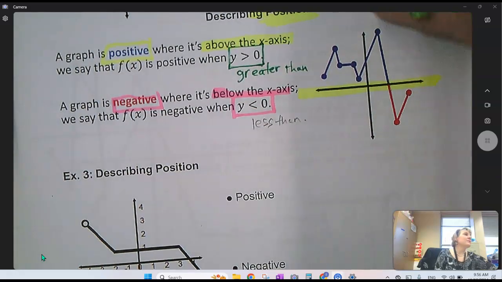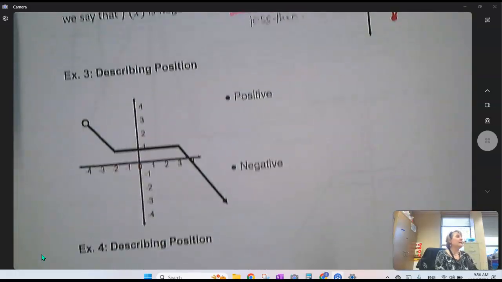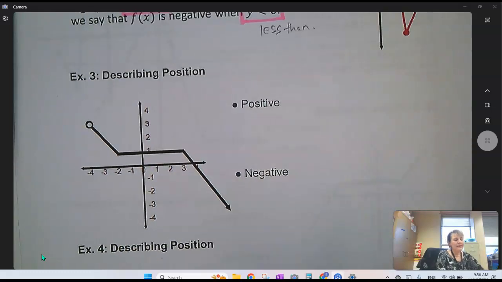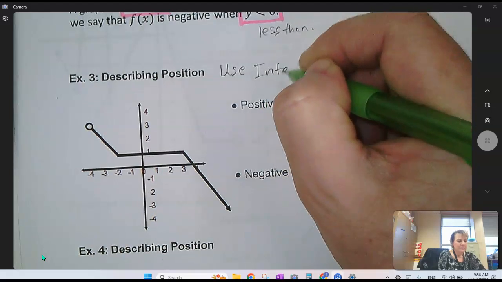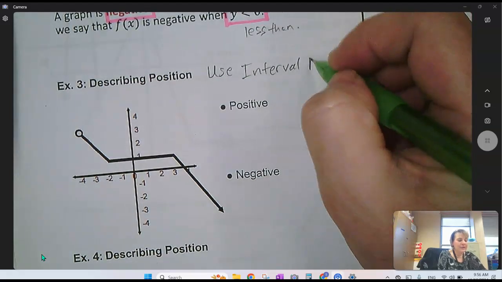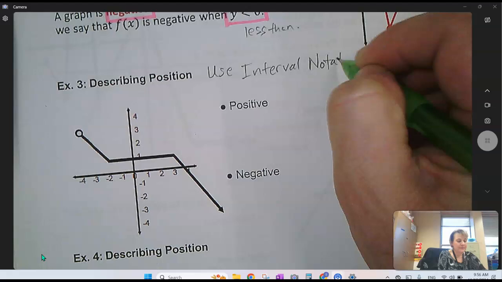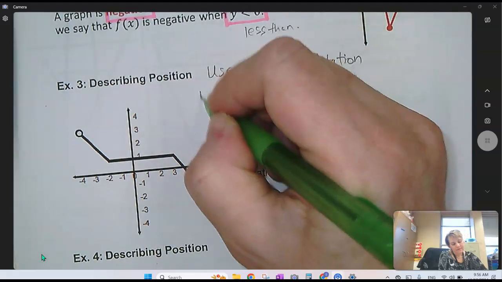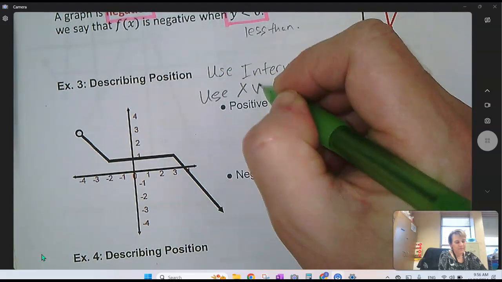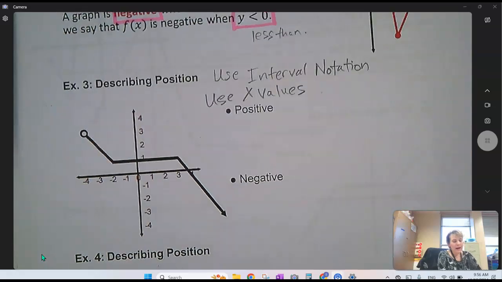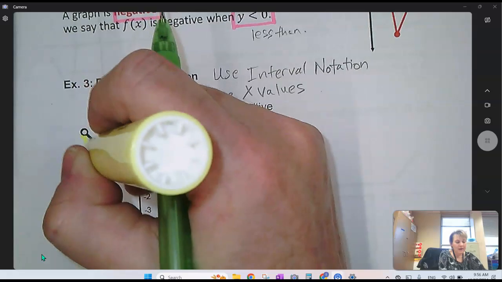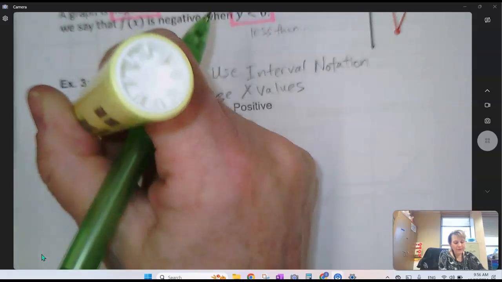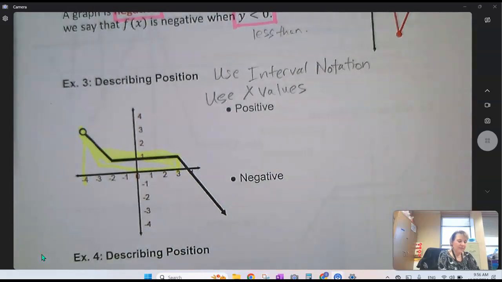Hopefully this one's visually quite easy to pick out. Again, we're going to use interval notation, and we're referring to the x values. So positive, we have from -4 all the way to, looks like 3 to me.